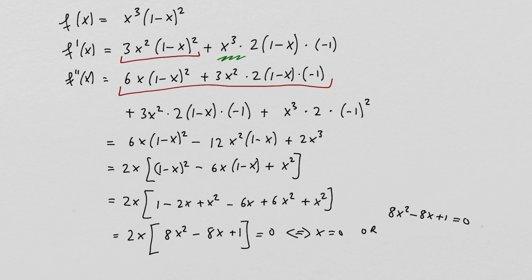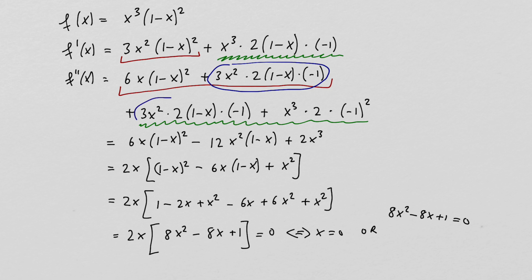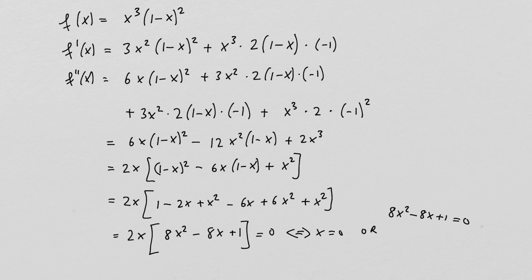The second term of the first derivative will give by the product rule these two terms. It seems we got two equal terms here. Of course, that is not a coincidence. After simplification, this is what we get.